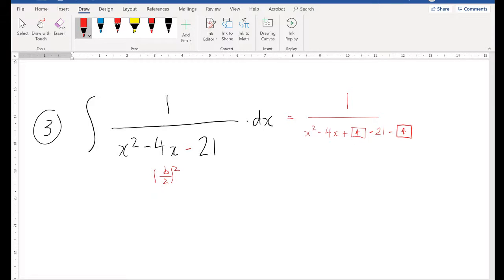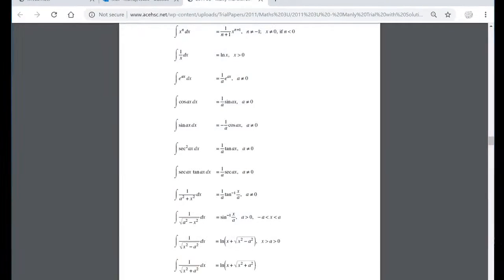Okay, so now completing the square, I'll have 1 over, whole idea is we get a square here, minus 25. And now, once we complete the square, it's in the form of our table of standard integrals, 1 over something squared, plusing with something squared.